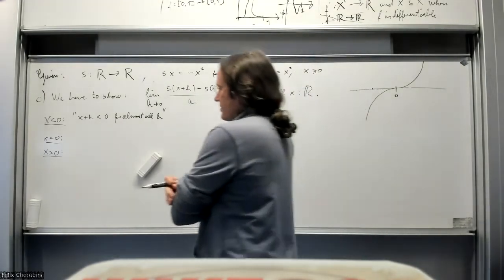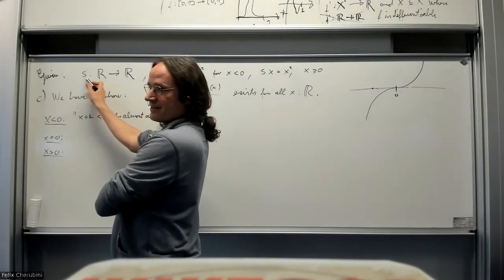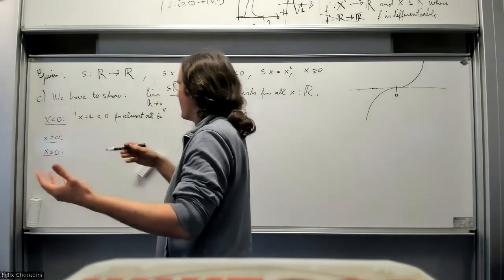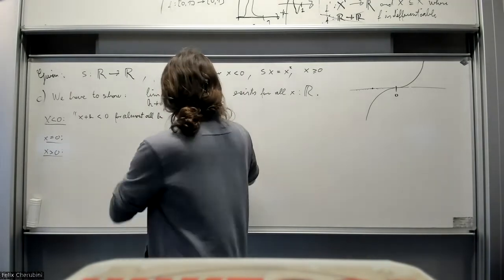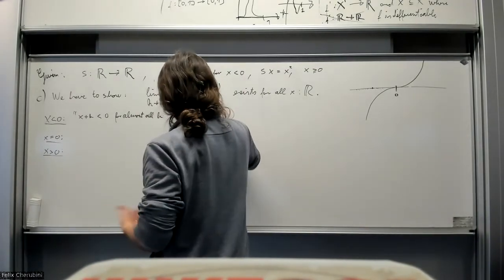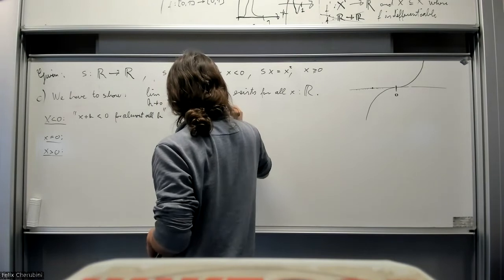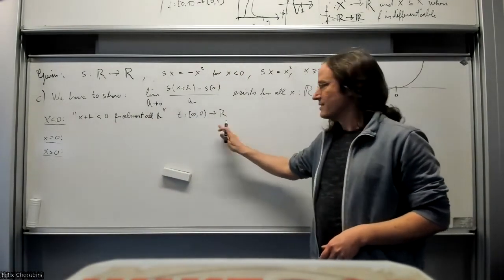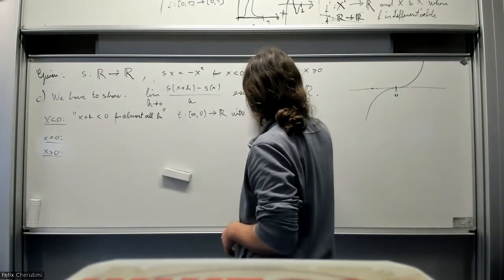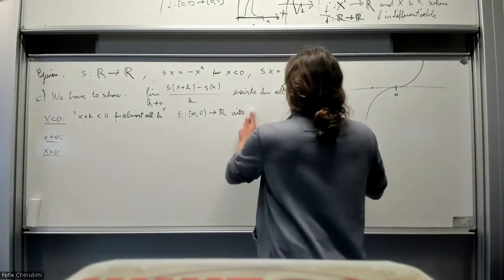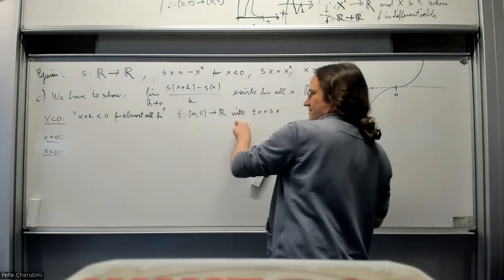One way to say it would be we can restrict S then to some smaller domain of definition. So we could look at, maybe let's call it T, from this domain, with T(x) being S(x), all of here.